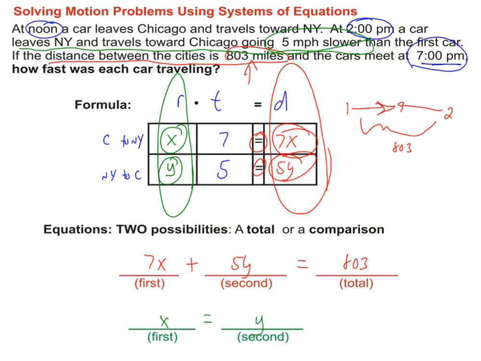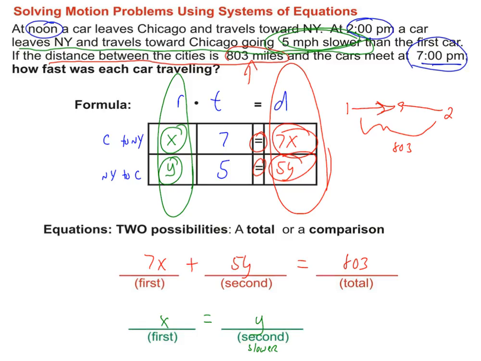Now, here's the last thing. How in the world do I figure out what to do with this 5 miles per hour slower? Because the two aren't equal. They are compared. Here's what I tell my students to do. Just label which one's slower or faster, longer or shorter. The second is slower. So what do you have to do to something that's slower? Well, you may still not know.